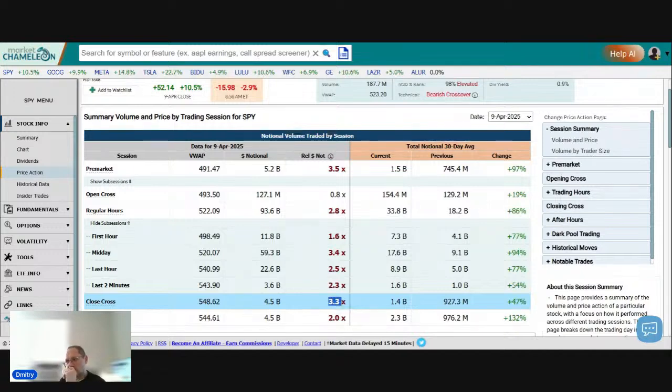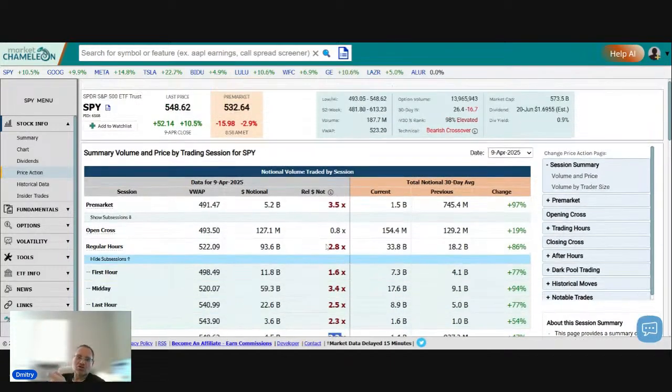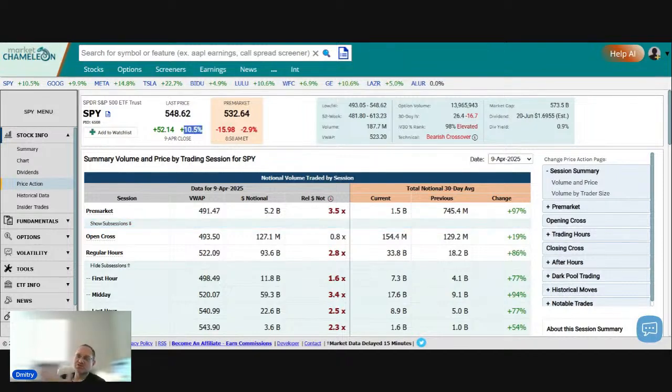So the inference there is that there's a need or demand to hedge that risk. And we saw that yesterday, the market was up 10.5%. If the market's running up and you're covering that risk, it could be coming from negative gamma.